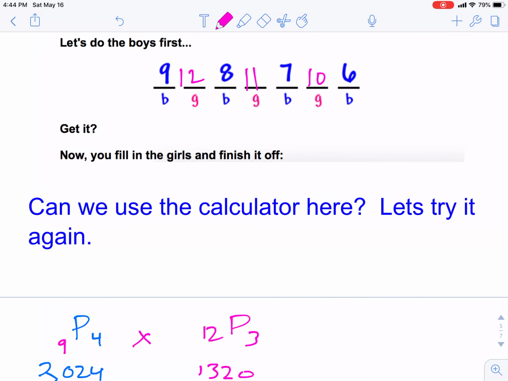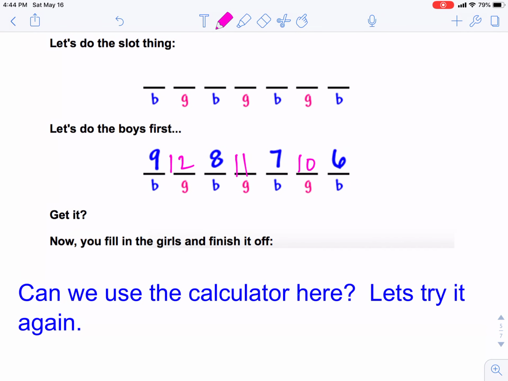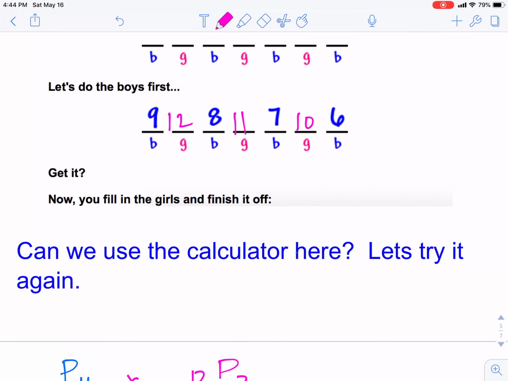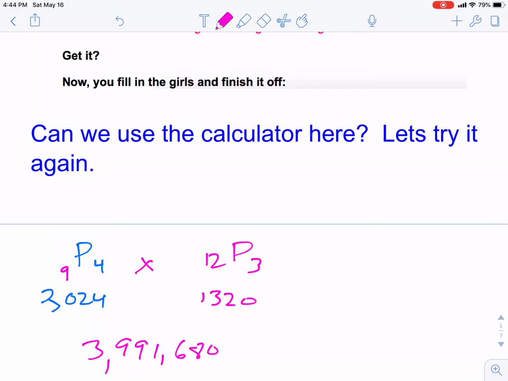So if you had a grand total of 21 kids in the class, how many different ways could your teacher line up the kids using boy-girl order? Holy cow, there's a ton of just grabbing 7. So your teacher not only has a lot on their plate on what they're going to teach you, how to teach you, but they have a lot of different ways just to order things up.